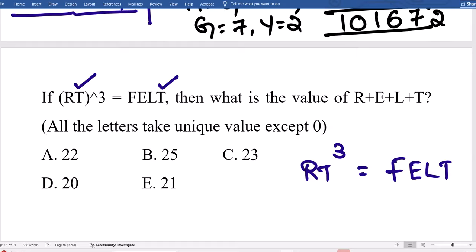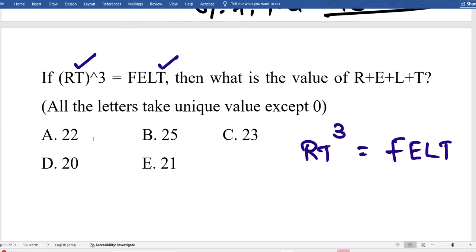Sir, now you said T value can be 1 or T value can be 5. Yes, but the result must be 4-digit number. The result you want 4-digit number and you just do trial and error, you decide. Options also there. Now what can be R value, what can be ELT?